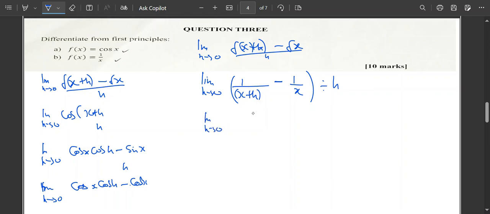Then here what is common? I'll find the common denominator. So I have x there, open bracket, x plus h. No, it is not supposed to be like this. I've swapped. We are cross multiplying. So the common denominator is x, so we'll start with this and then minus that.